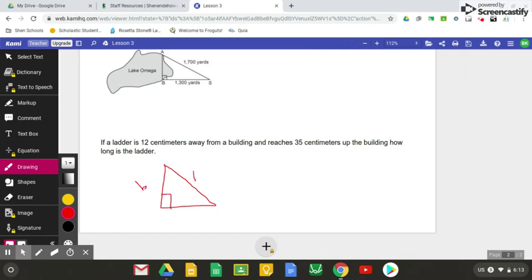Makes a right angle. It's 12 centimeters away, so here's my 12. And reaches 35 centimeters up the building, so here's my 35. I gotta find how long my ladder is, x. So that's my c. So I got 12 squared plus 35 squared equals x squared.